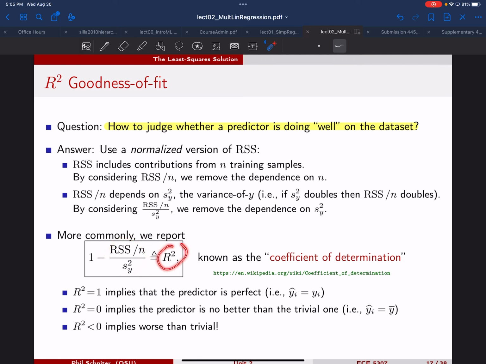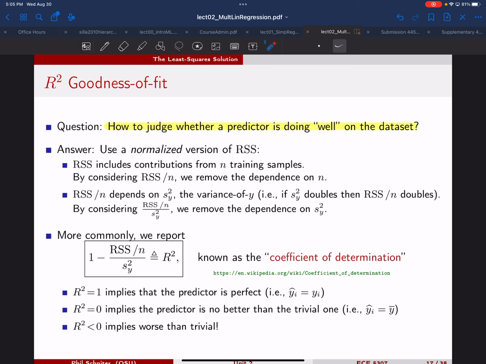And you get this r squared, and we talked about how r squared equals 1 means the prediction is perfect. In this case, it would mean all your data fits perfectly on a plane, or a hyperplane of dimension d. R squared equals 0 means it's really bad. That's the worst that least squares can ever do.